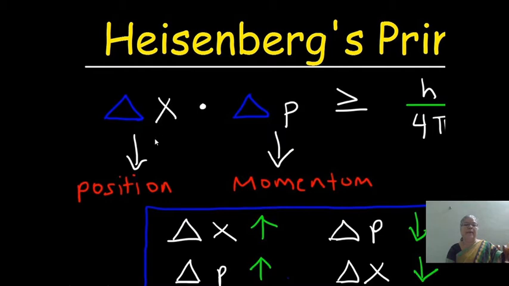If delta x, the uncertainty in position, is less, then delta p is maximum, and vice versa. I will repeat this once again. If we can determine position more precisely, then the determination of momentum is less accurate.